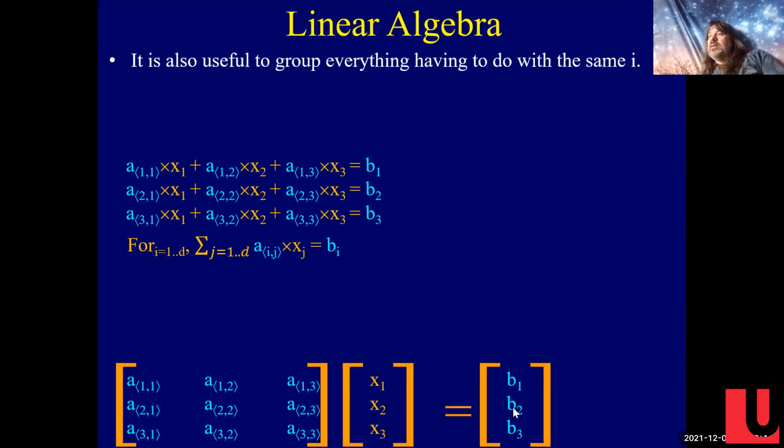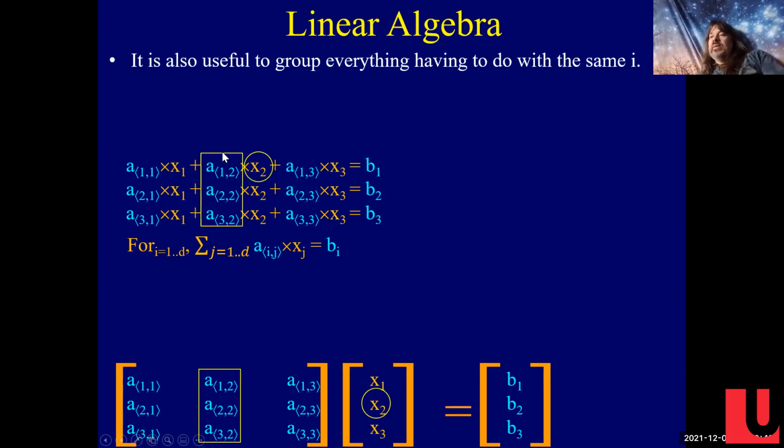And let's see, group everything with the same index. It's just saying here we're taking all of those numbers relating to the same x value. All of these are coefficients for this x1 value, and we put them in this column.